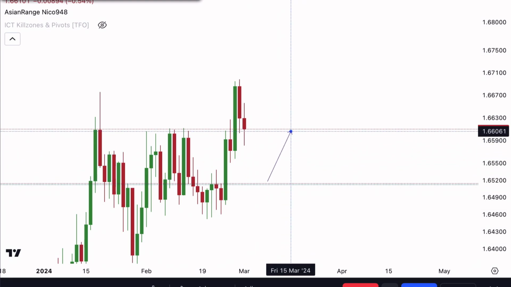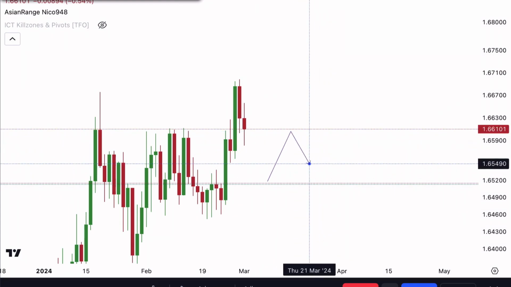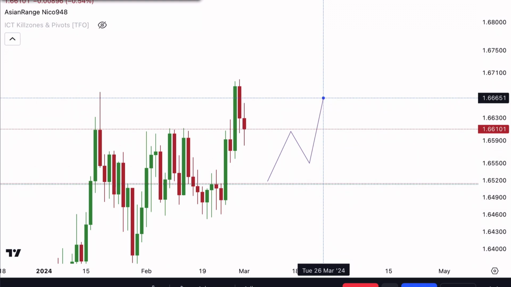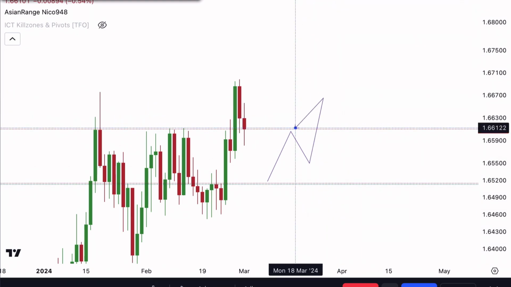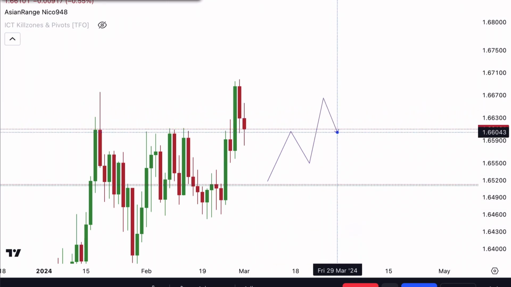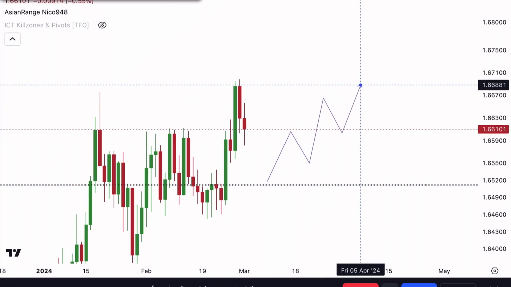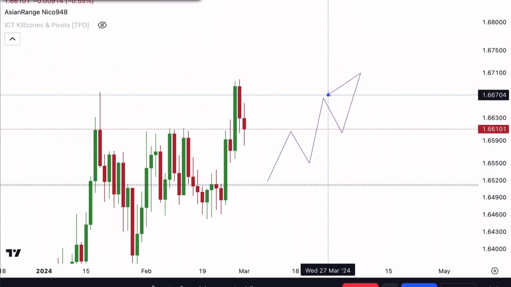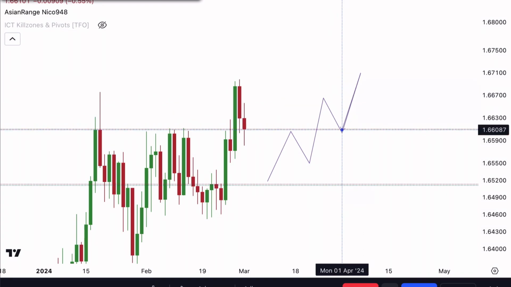In this case, it is a bullish market structure, so we'll be looking for price to make higher highs and higher lows, breaking the previous structure and creating a new high, followed by a correction. That correction will create a new impulse, breaking the next high, forming a higher low.